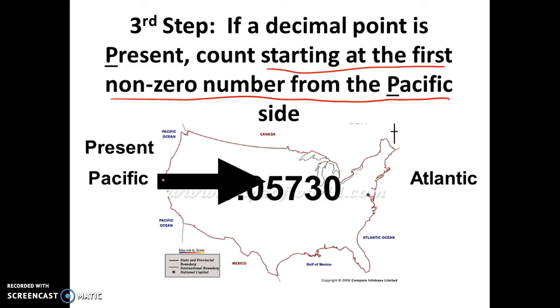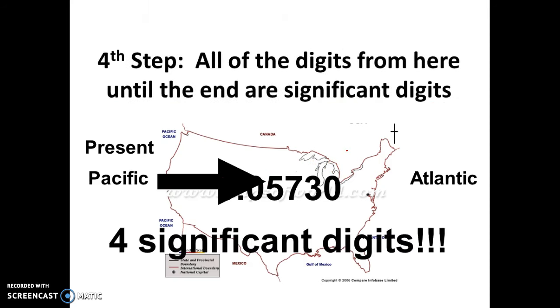So what we've done is we've drawn an arrow through the zeros, and we stopped at 5 from the left, from the Pacific side. So then we're counting 1, 2, 3, 4. So what you'll notice then is that we end up with 4 sig figs, or significant figures. We can also call them significant digits.